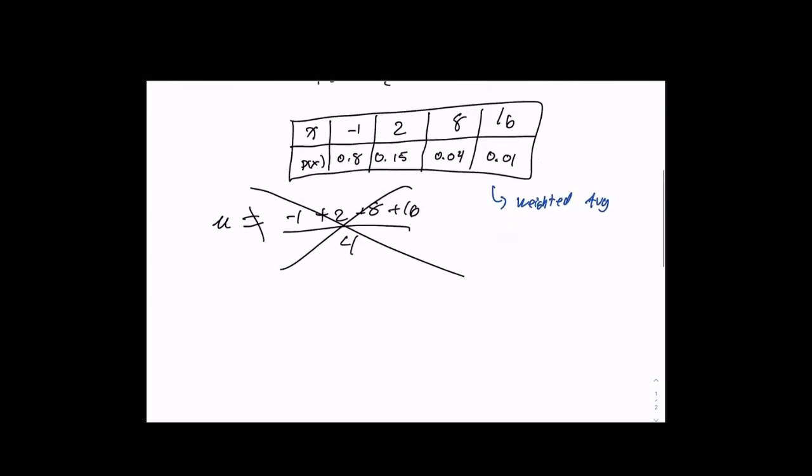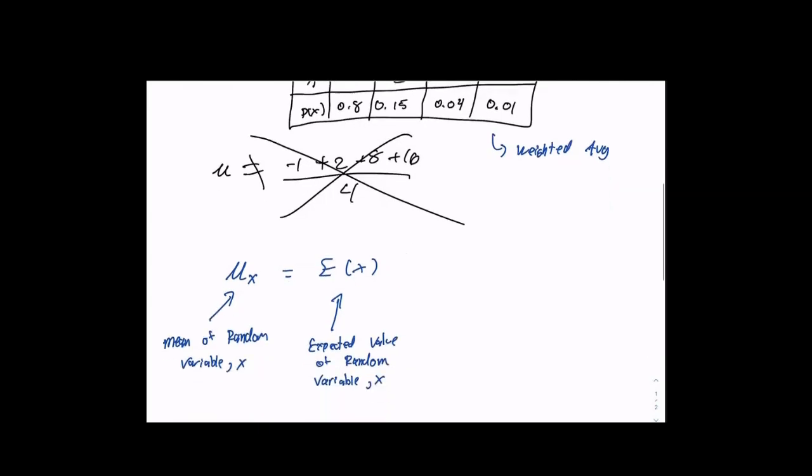And our formula says that the mu of x, the mean of a random variable x, is equal to E of x, the expected value of random variable x.